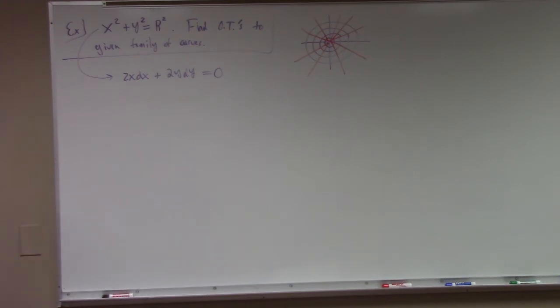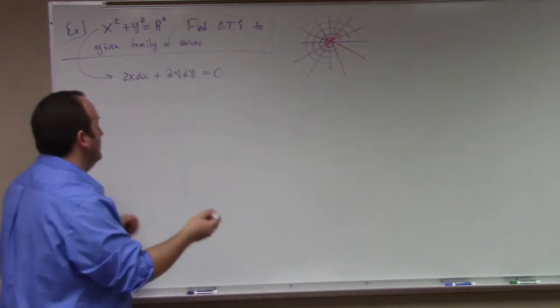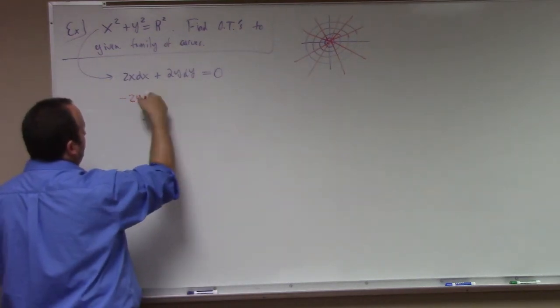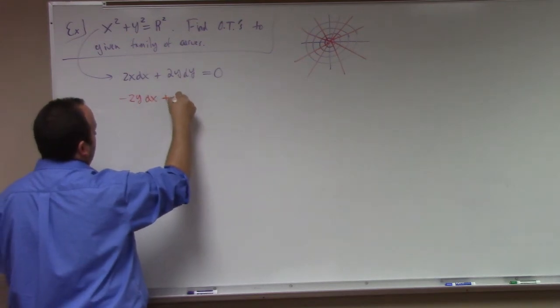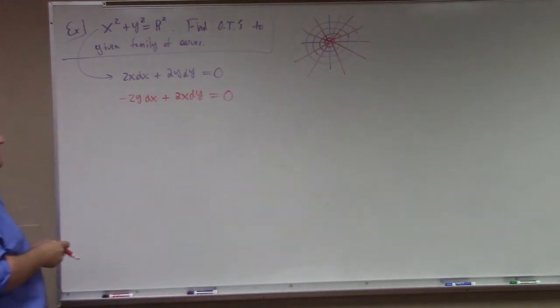So I need to change it a bit by putting the minus in front and the 2y there, dx, and then plus 2x dy equals to 0. Solve the red equation. That should give me the orthogonal trajectories. So how do you guys want to solve the red differential equation?